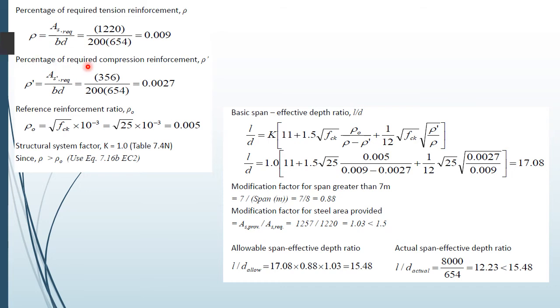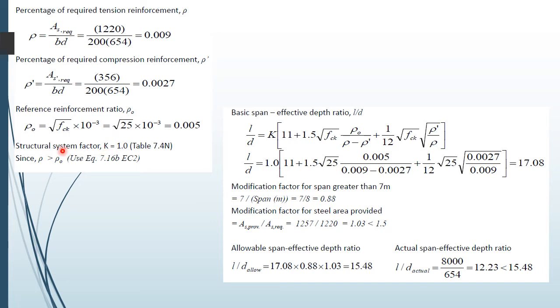For percentage of required compression reinforcement, rho prime, the formula is AS prime required divided by B times D. So we get 0.0027. For reinforcement ratio, rho O, we take the square root of FCK, which is 25, times 10 to the power of negative 3. We get 0.005.